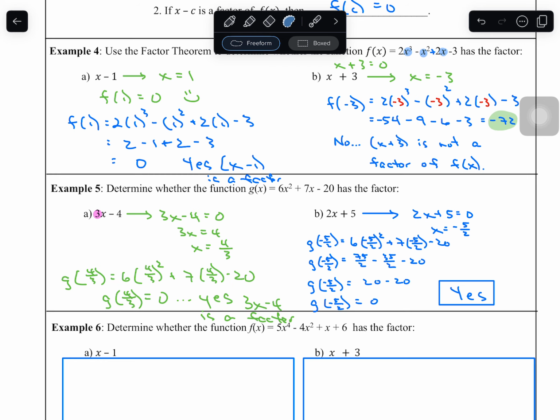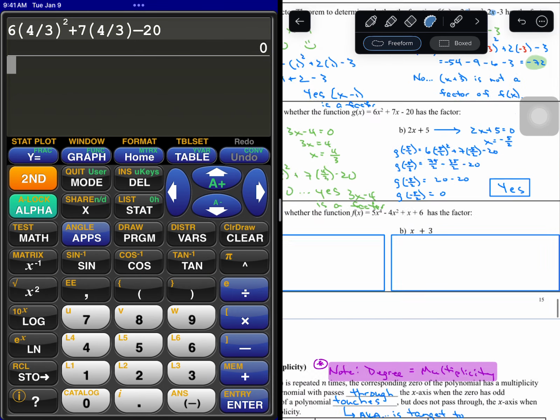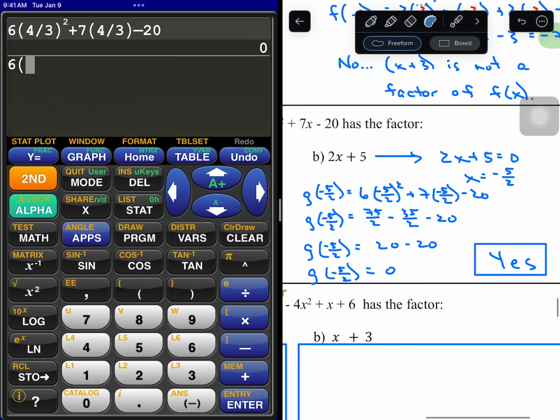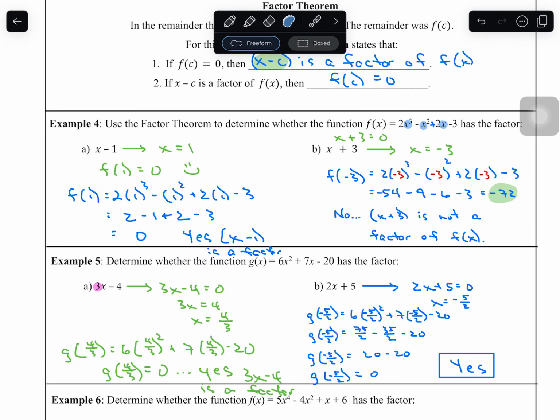Just go ahead, hug the fractions, but here make sure that you do put negative 5 divided by 2. It's a negative sign, not a minus sign. And if we square that, add 7 times negative 5 divided by 2, and then minus 20, oops, extra parentheses, we get 0. Okay? So definitely let your calculator do that hard math work for you.